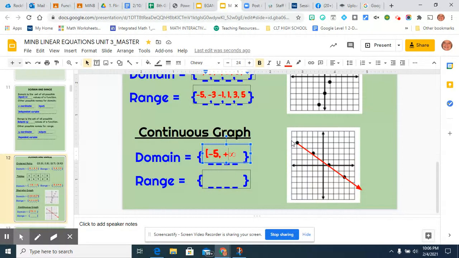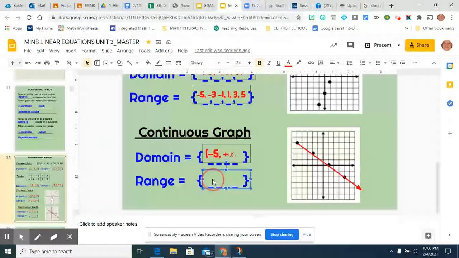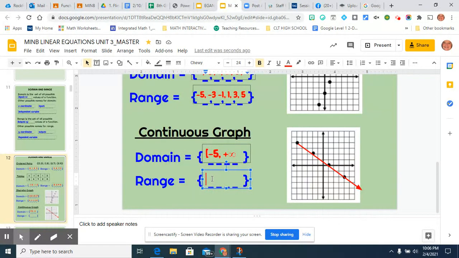So for the range, we look from top to bottom. So from the top, the furthest I go is 1, 2, 3, 4. And again, it's included because this is a closed point. So from positive 4 all the way down, and it keeps on going down. And if I'm going down, that means I'm getting more negative.